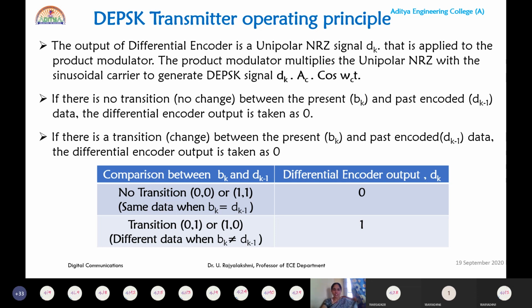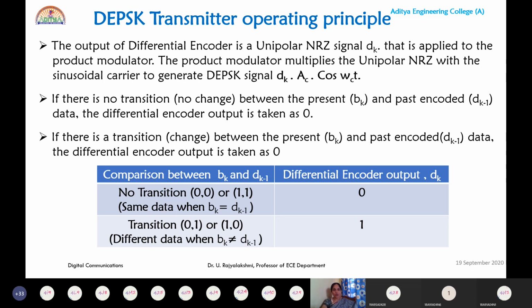The product modulator multiplies the unipolar energized signal with the sinusoidal carrier, Ac into cos omega ct. Upon multiplying the unipolar energized dk component with Ac cos omega ct, you get the output dk into Ac cos omega ct. The equation looks similar to DPSK, but here dk is obtained by using the XOR principle instead of the XNOR principle.